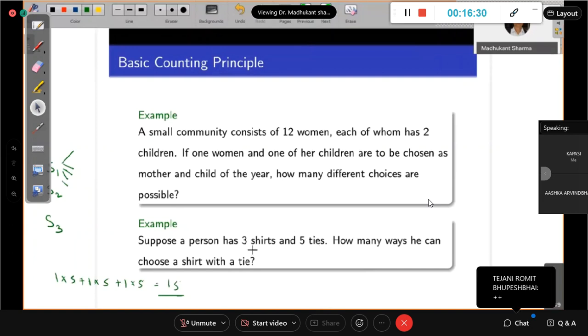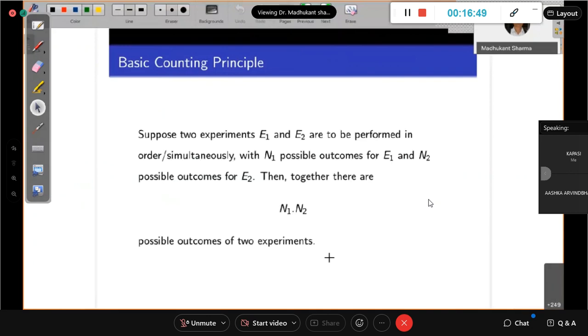You are going to choose only one from each kind: one from the 3 shirts and one from the 5 ties, and match them. So it is 3C1 into 5C1, which is 15. Right. So what this rule says is, suppose two experiments E1 and E2 are to be performed in order or simultaneously.